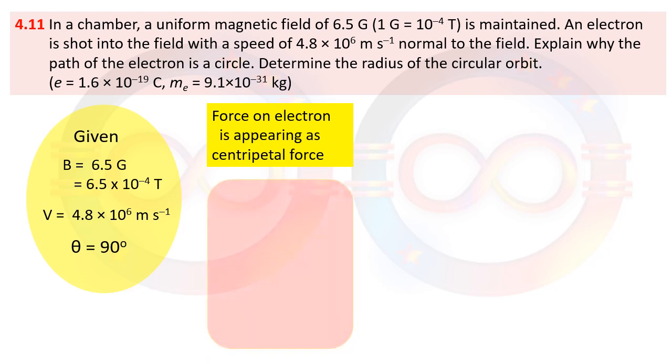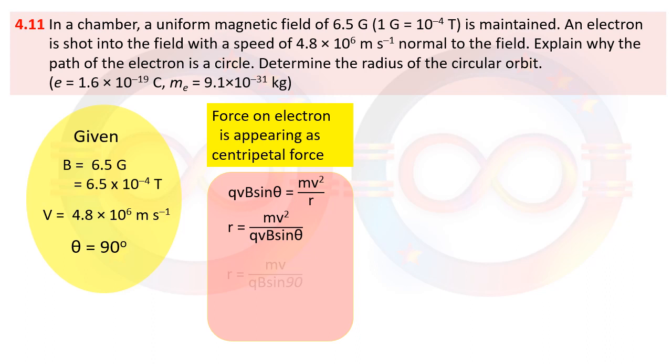So here, if we take the mathematical formula, qvB sine theta is equal to mv square upon r. Because it is 90 degrees, sine is 1, and then r is equal to mv upon qB.